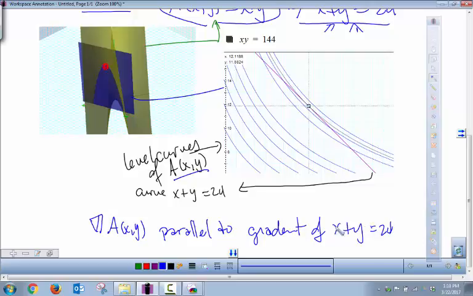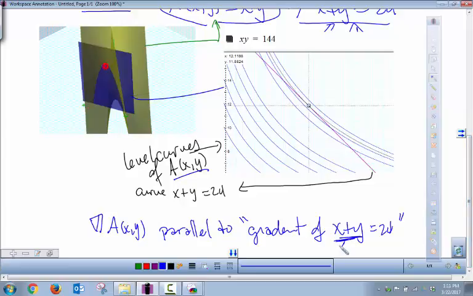And I'll put quotes here because this kind of doesn't make sense because a gradient is from a function of two variables. But if we consider this a function of two variables, and you can look at 24 or ignore 24, then we can say the gradient of this as a function.